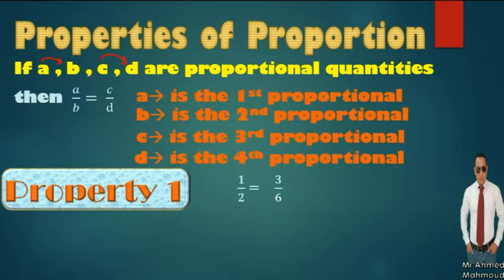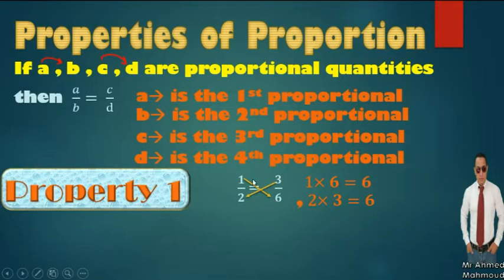Okay, now if I multiply 1 by 6 like this, it equals what? 1 times 6 equals 6. And if I multiply 3 times 2 like this, 3 times 2 equals what? Equals 6. Now we find that 1 times 6 equals 6 and 3 times 2 equals 6.